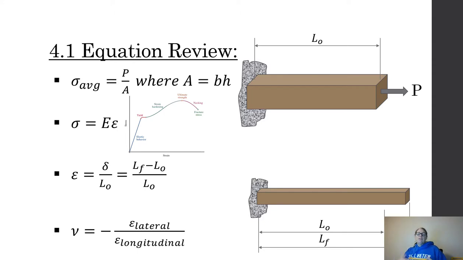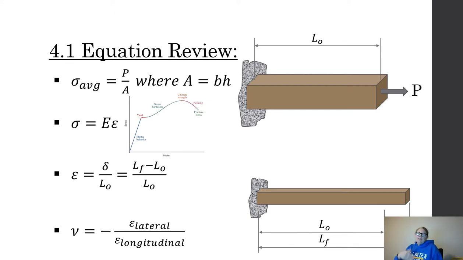We also have Poisson's ratio, which is the relationship between longitudinal strain, that's the direction that I'm applying the force, the axial force, and lateral strain. That is the cross-sectional direction. It's not in the direction that we're applying the force. So the diameter of a column, as we smush it, is going to get bigger, even though longitudinally it's getting shorter.